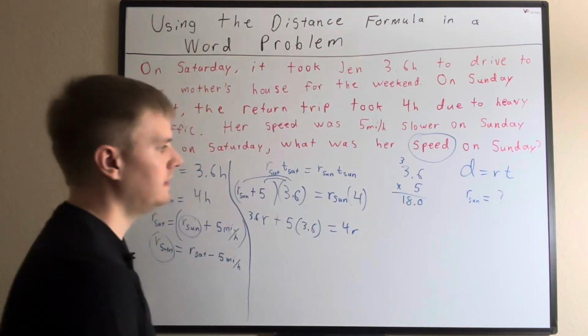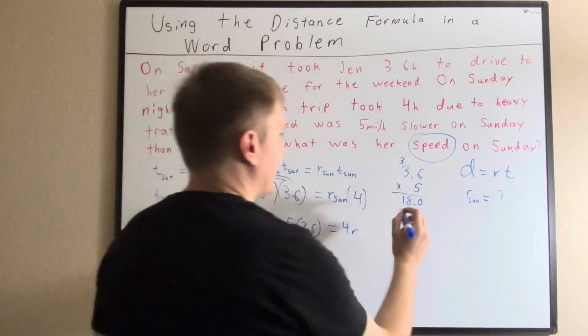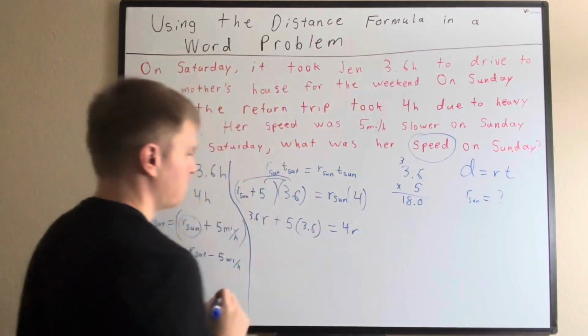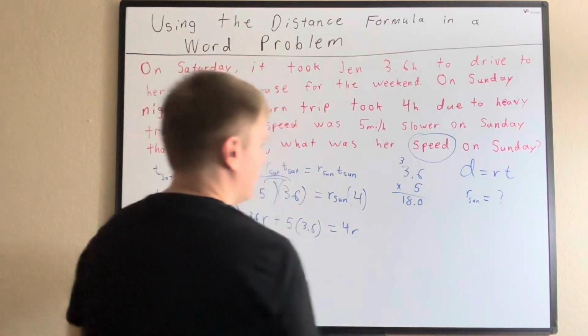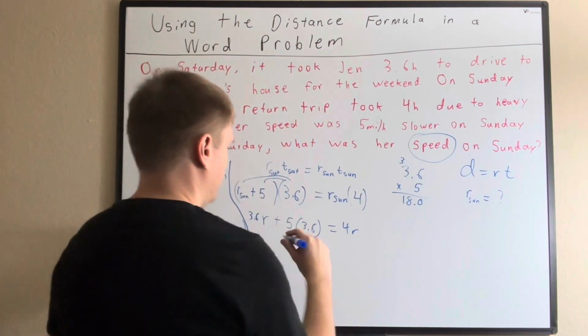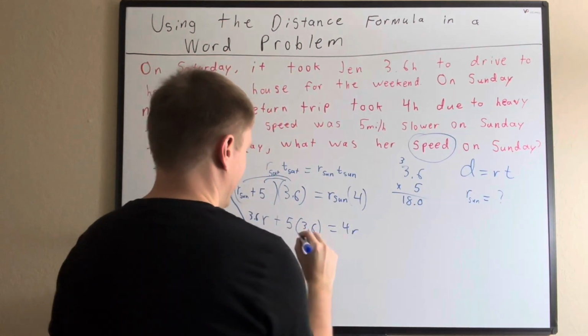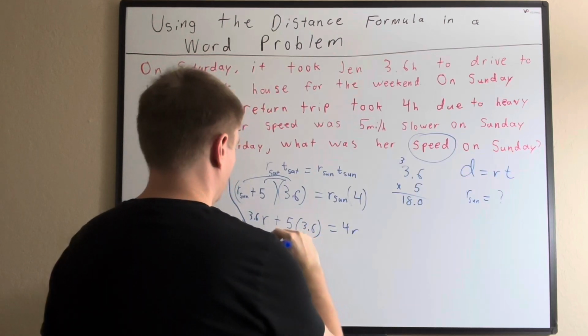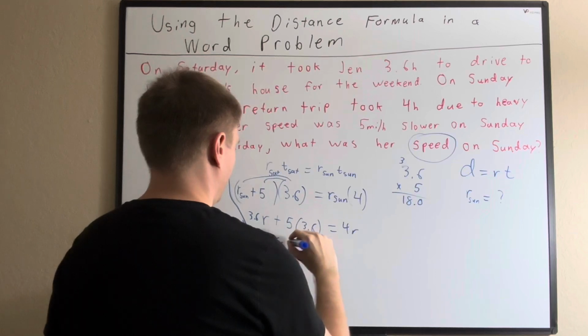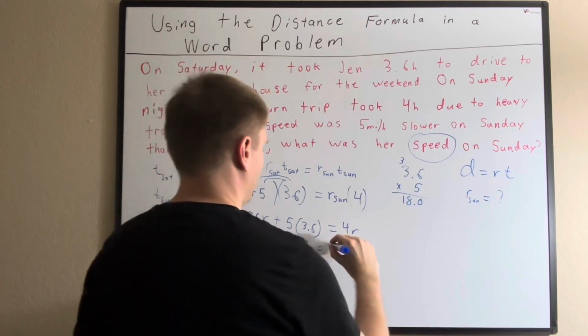So that's 18. Check my math on that. You can. Sounds right to me. So 3.6R plus 18 equals 4R.